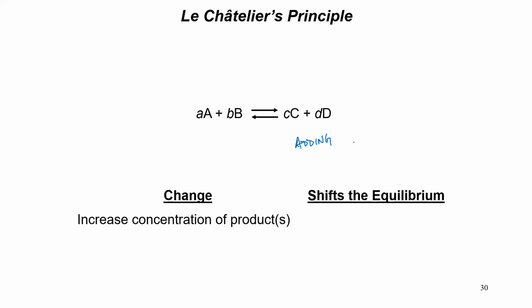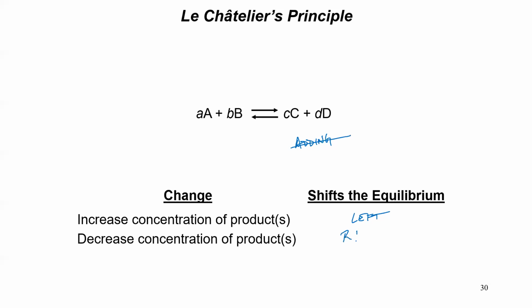We're going to shift that equilibrium back to the left, back toward the reactants. If we decrease the product, so strike that through, and now we remove it, that's like pulling back on the right handlebar, the product handlebar, which is going to shift our bicycle, shift our equilibrium to the right.